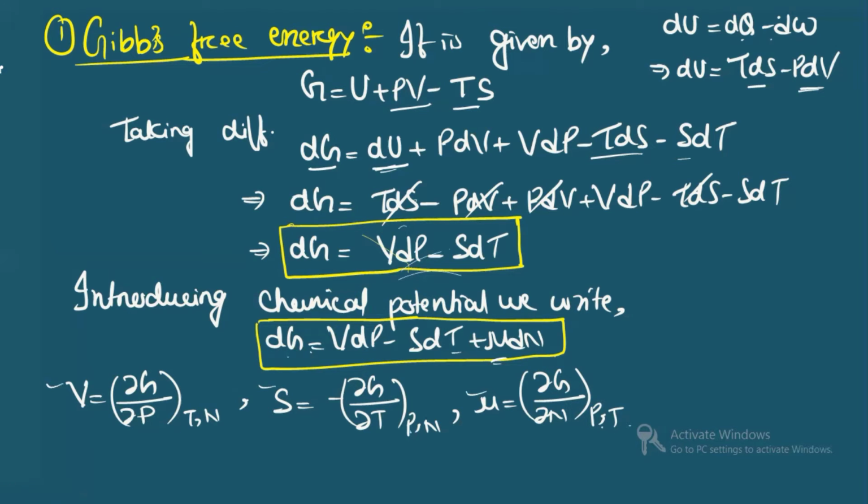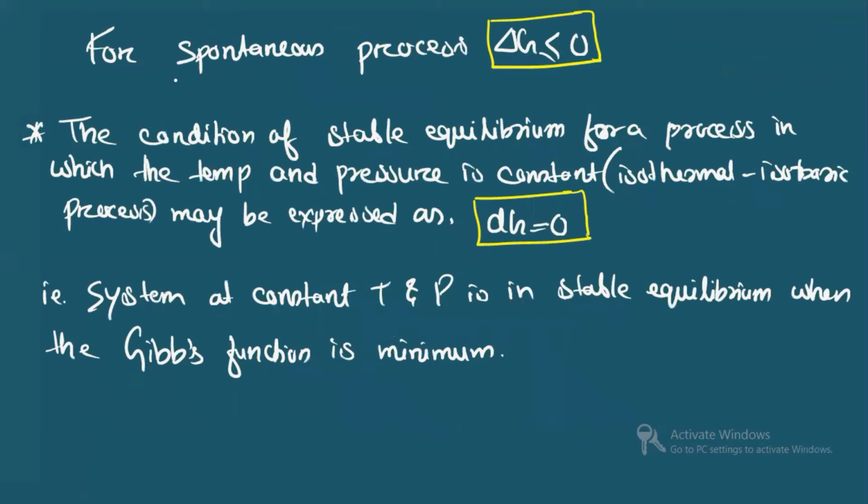All right. Now you see for a spontaneous process, there is some derivation and some assumption. I'm not going into the detail. I'm just writing what is important for you. Remember that delta G is less than or equal to 0 for a spontaneous process. Now you see the condition for stable equilibrium for a system which has temperature and pressure constant.